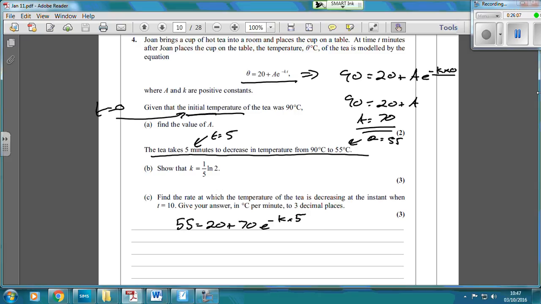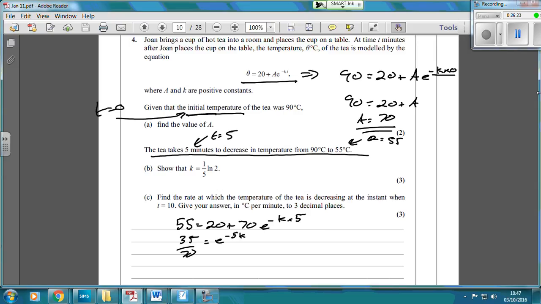And then it's just a matter of being able to be confident with exponentials and logs and whatnot. So take away 20 and then divide by 70. So we've got 35 over 70, and that equals e to the minus 5k.